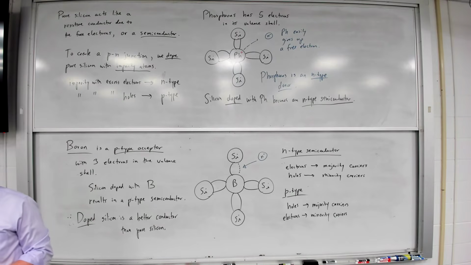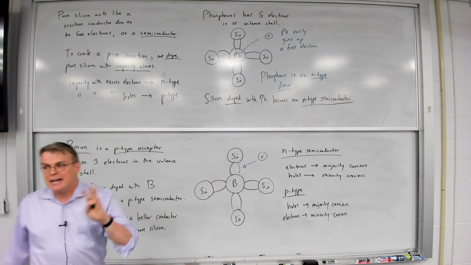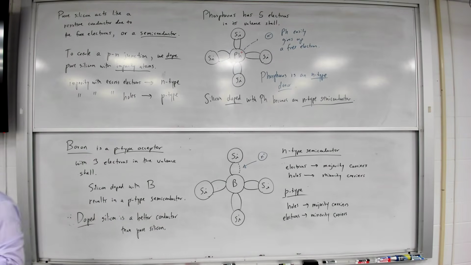Yes? If you try to send a charge through a P-type semiconductor, what if the electrons that you're trying to send through just go into the holes instead? Well, keep in mind, the entire thing is still electrically neutral. The positive and negative charges still cancel out. So as electric current moves through, keep in mind electric current is the movement of charge carriers.